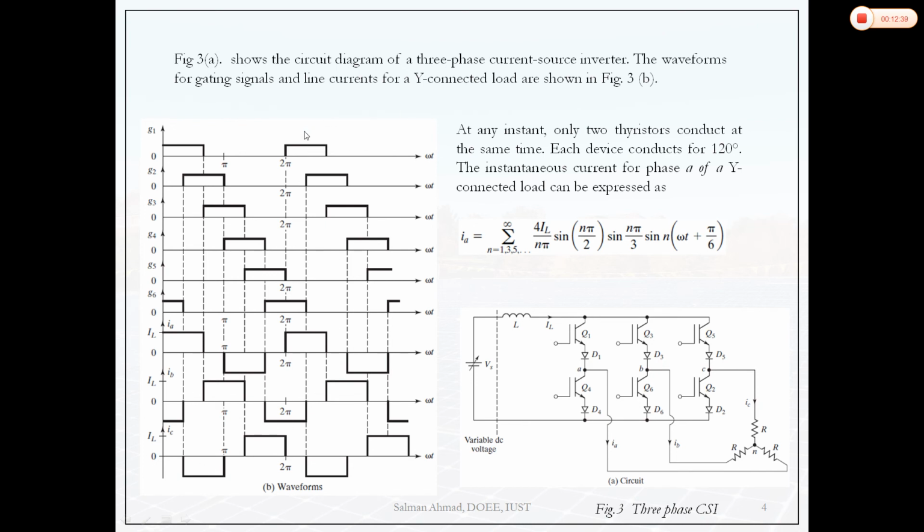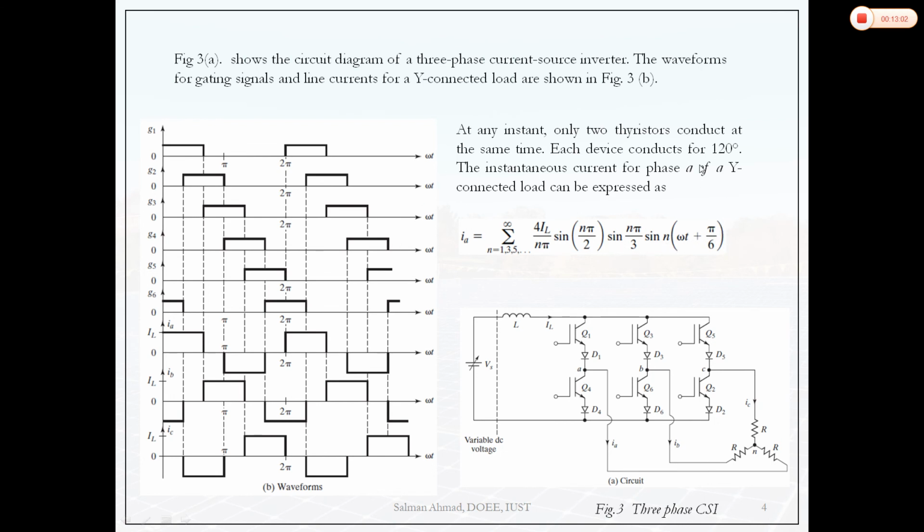Now again, doing the Fourier series analysis, like we have done in the 120 degree conduction for 3 phase voltage source inverter, in this case you will find the current expression. So this is IL upon n pi sin n pi by 2 sin n pi by 3 sin (n omega t plus pi by 6).